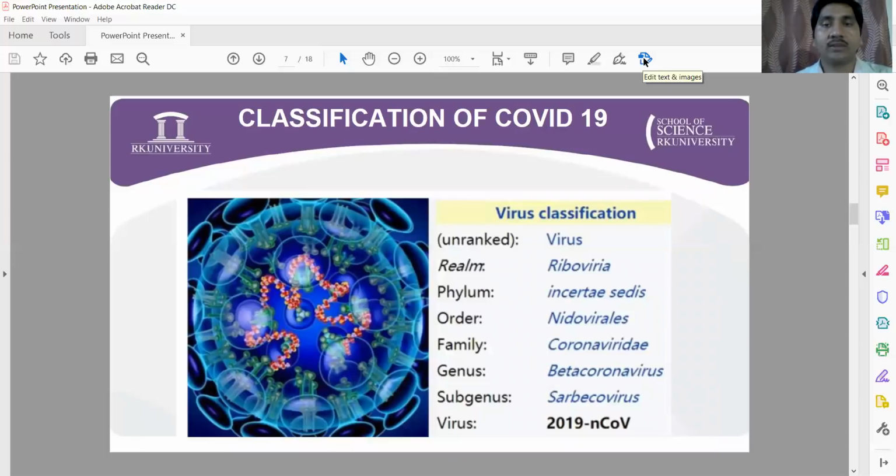Let us go for the classification of COVID-19. The 2019 nCoV has been categorized into the family Coronaviridae, genus Betacoronavirus, and subgenus Sarbecovirus.